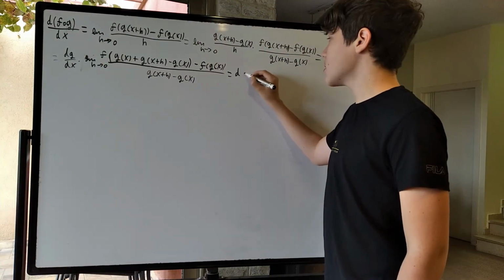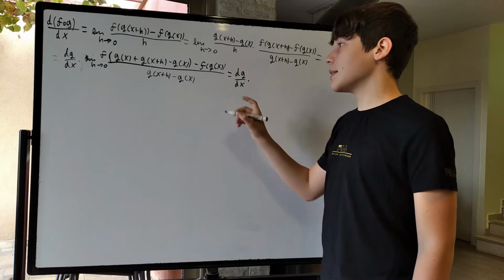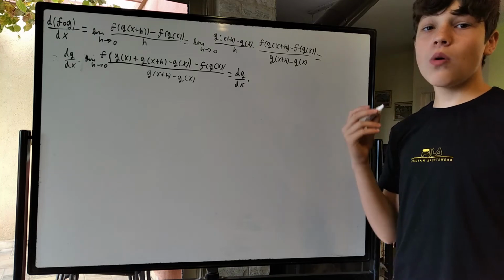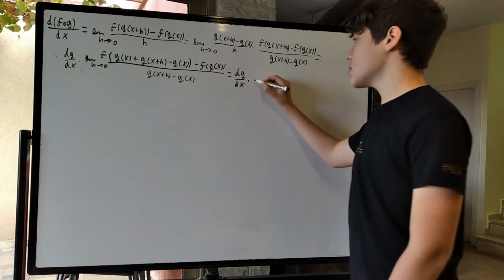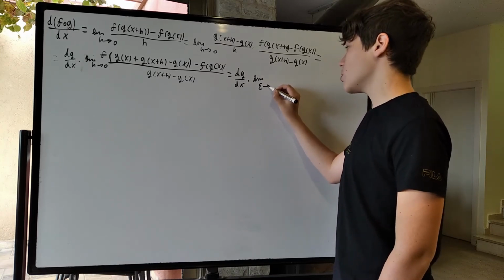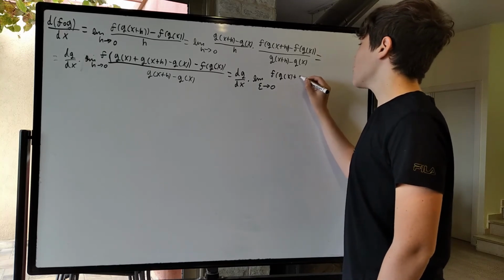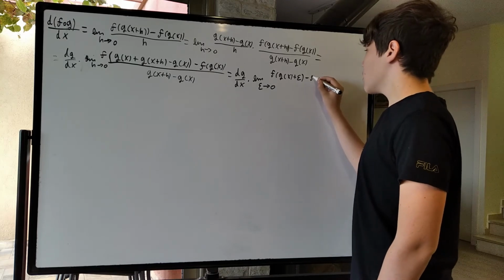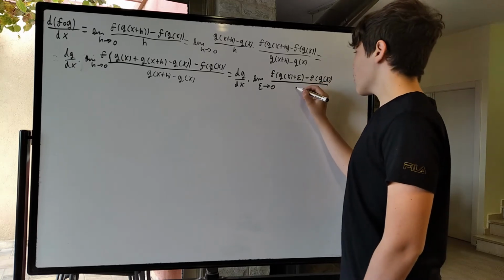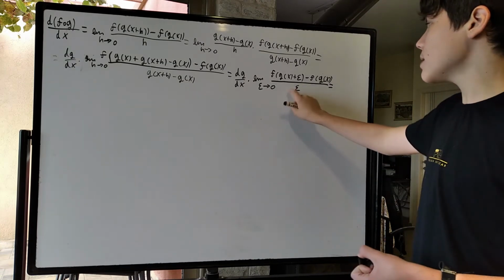We can say that this is dg over dx. Now we replace g of x plus h minus g of x with epsilon, and we know epsilon goes to 0 as h goes to 0, meaning that this is the limit as epsilon goes to 0 of f of g of x plus epsilon minus f of g of x over epsilon.